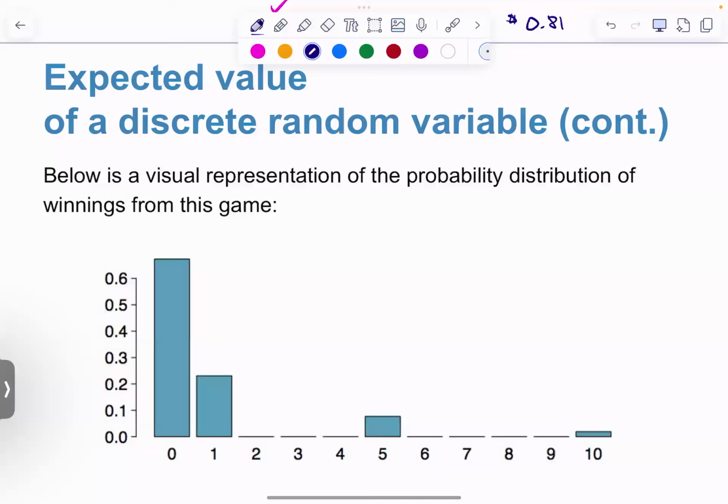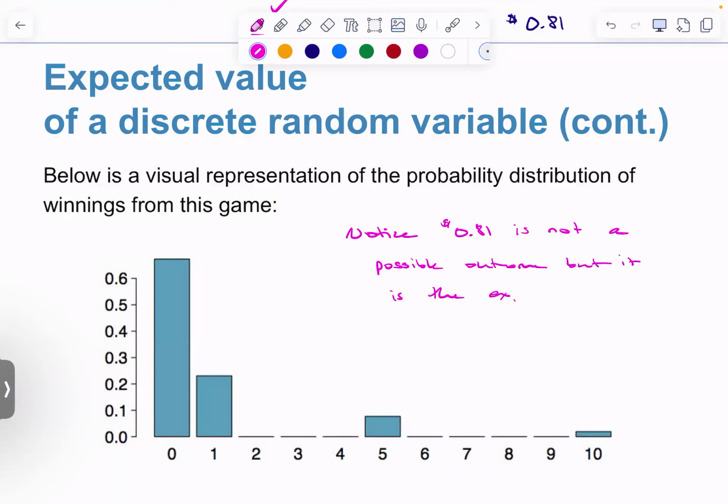If we visualize the probability distribution, it would look something like this. And so again, notice 0.81 is not a possible outcome, but it is the expected payout.